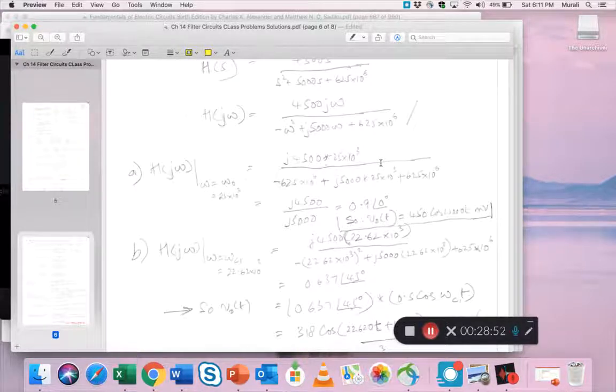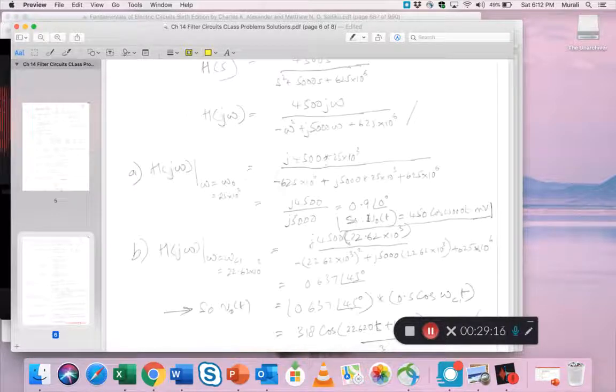If there was no series resistance, it would be 1, but we do have a series resistance, so it dropped slightly to 0.9, that is the magnitude, and 0 degrees. The phase shift is always 0 at the center frequency because it's a resonant frequency, remember. So you're not surprised that it comes out to be 0 phase shift.